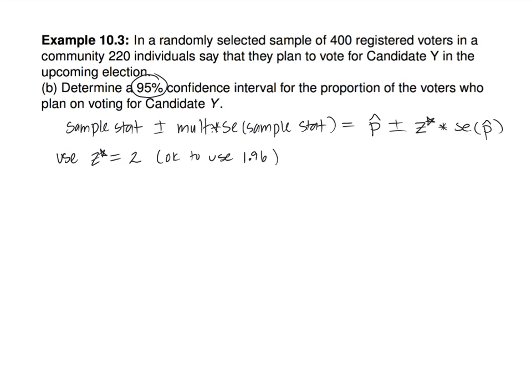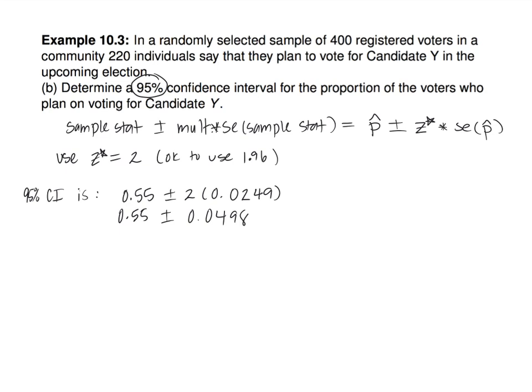Okay, so our 95% confidence interval is 0.55 plus or minus 2 times 0.0249, which is 0.55 plus or minus 2 times 0.0249, 2 times 0.0249, 0.0498.